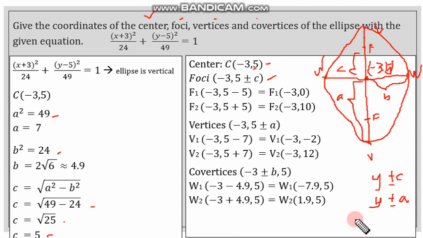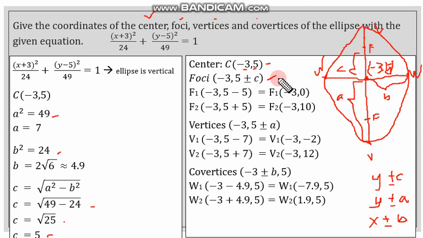While our co-vertices are horizontal, so we will add and subtract the value of b at the x coordinate of our center to determine the coordinates of the co-vertices.